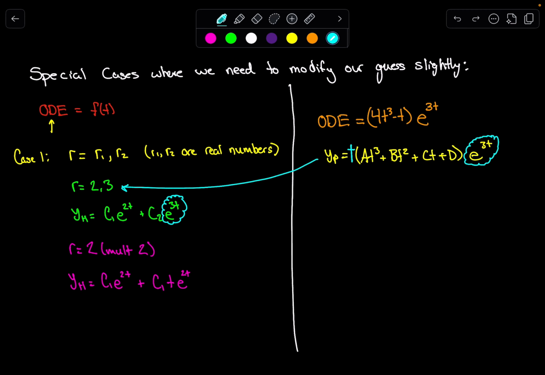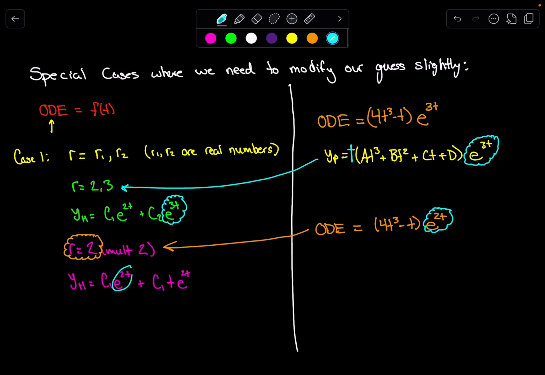And so in the same sort of way, if I have an ODE, now let's go on to this pink example. If my ODE is equal to, again, let's say 4t cubed minus t e to the 2t, and in this particular case, we notice that when I solve the homogeneous version and we solve for the characteristic polynomial, we get r equals 2 as a root with multiplicity of 2, then it turns out this has been taken 2 times, right?